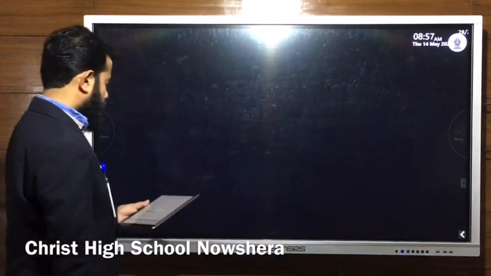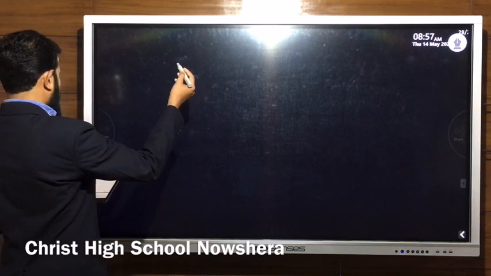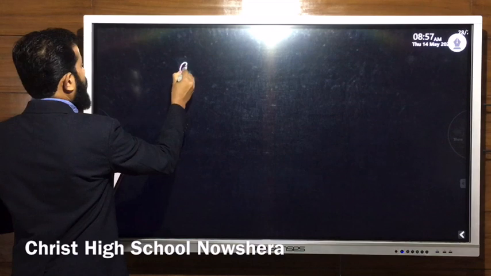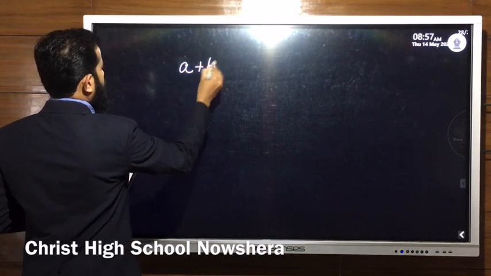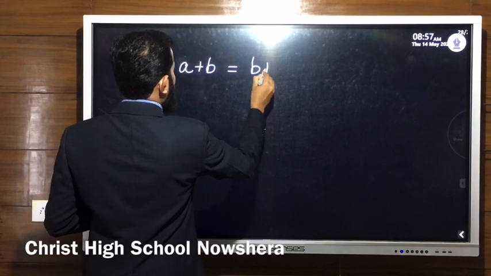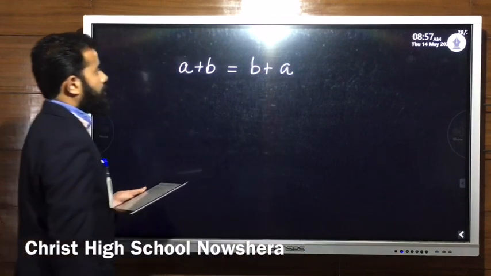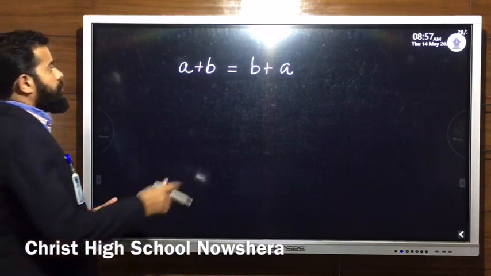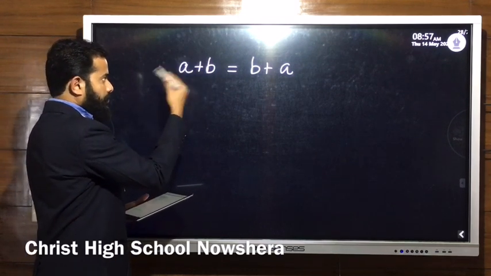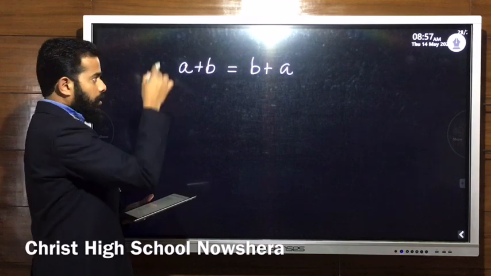So generally we can make a form for the commutative property: A plus B equals B plus A. This is for addition. A and B are the two numbers that we have used in the operations.